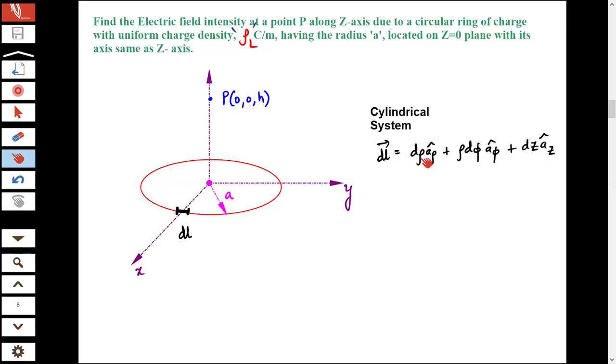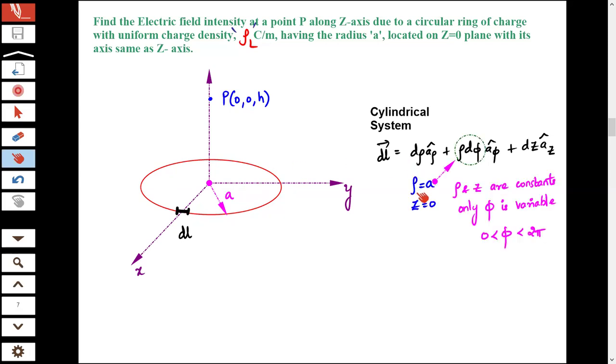Leaving these d rho and dz components, the variable component is only phi here, with the range of phi from 0 to 2 pi. With this, the differential element will be only the phi component, which is rho d phi. In our case, rho value is equal to A. We can write the differential length element as A d phi.